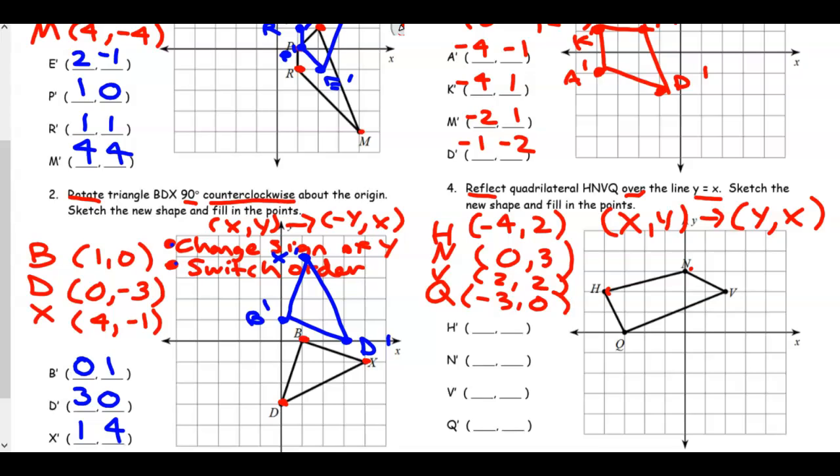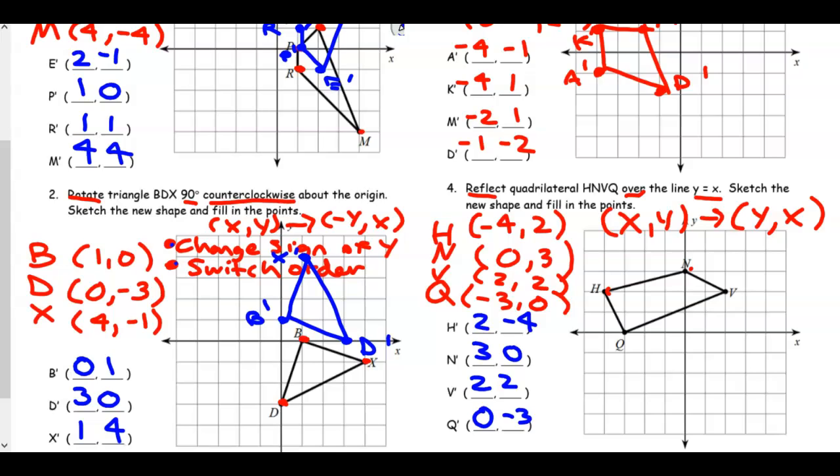So again, if the rule is x, y becomes y, x, we're just switching the order, right? Let's rewrite these points. -4, 2 is now what? 2, -4. 0, 3 becomes 3, 0. 2, 2 stays 2, 2. -3, 0 becomes 0, -3.